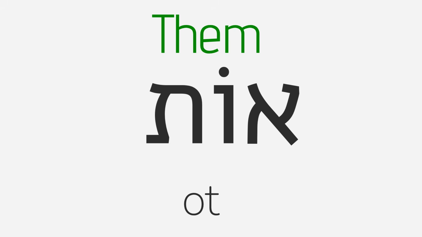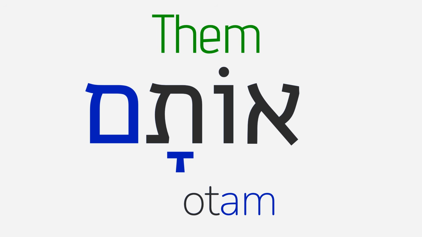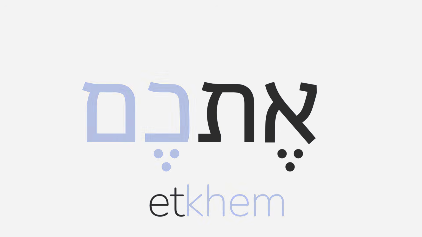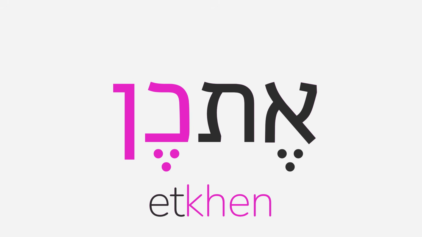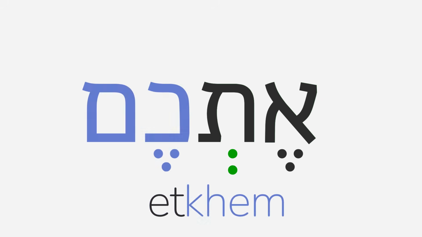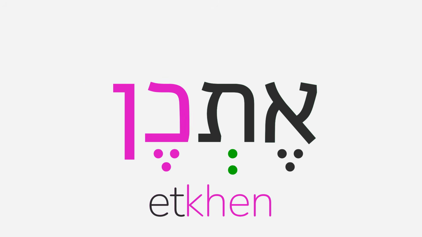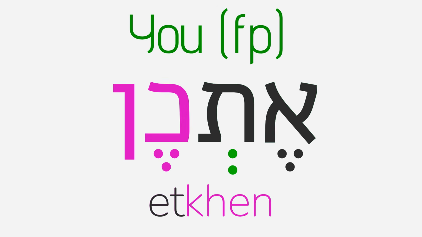The them suffixes will be am and an to get otam, masculine them, and otan, feminine them. The suffixes chem and chen, you masculine and feminine plural, have a schwa between themselves and et, which with these two suffixes does not change its vowel and just stays as et. Et chem, you masculine plural, and et chen, you feminine plural.